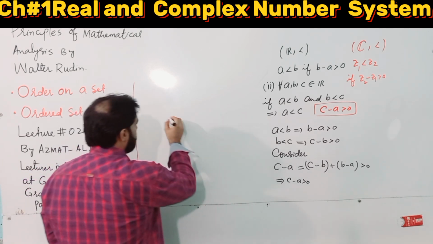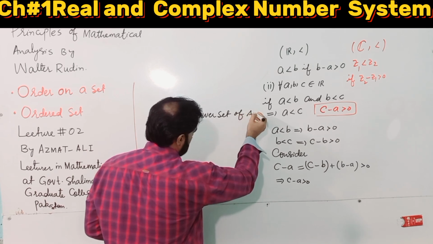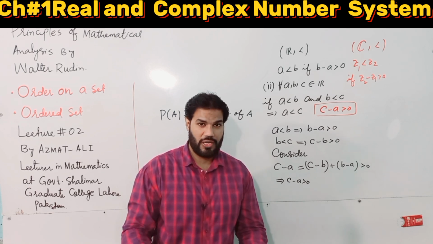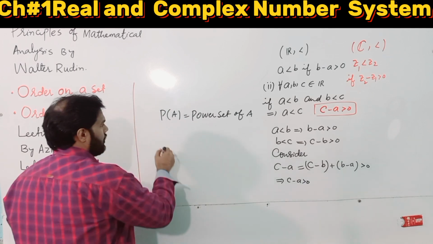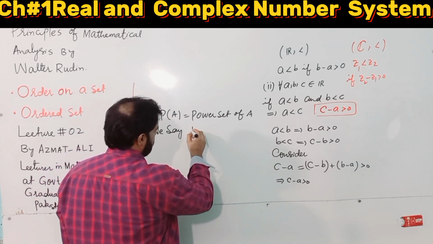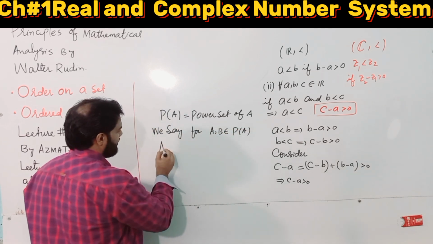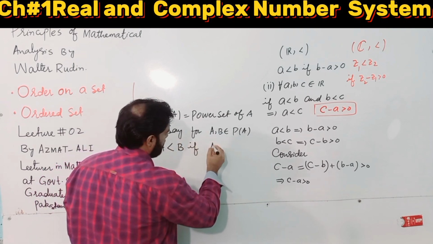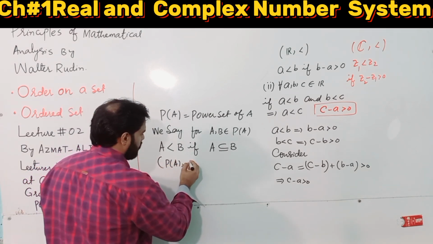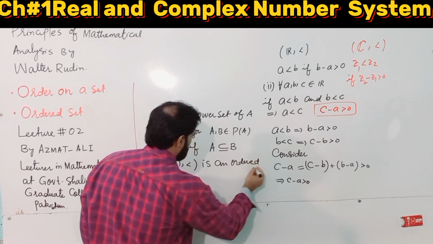Suppose that P of A is the power set of set A. As you know, the power set of A is the set of all subsets of A, a collection of all subsets of A. We say for any two sets A and B belonging to the power set of A, set A is less than B if A is a subset of B. Check whether this power set of A with this order relation less than is an ordered set.